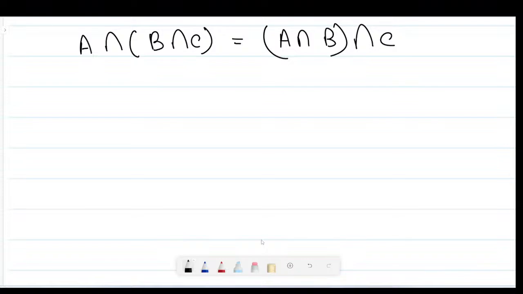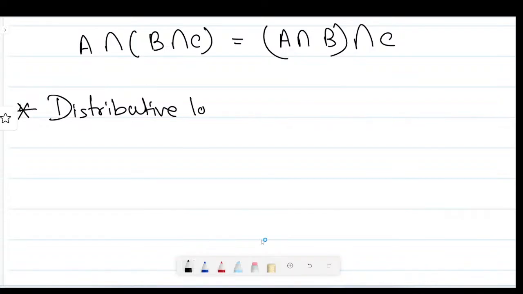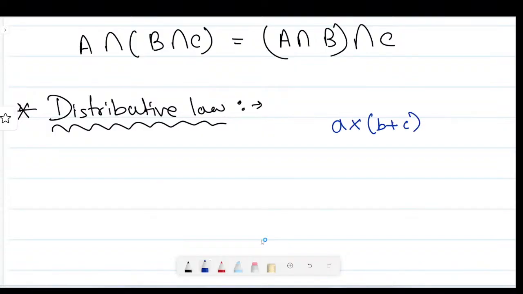Next is the distributive law. In arithmetic operations, we have learned that A cross B plus C is A cross B plus A cross C. So this is the arithmetic property.